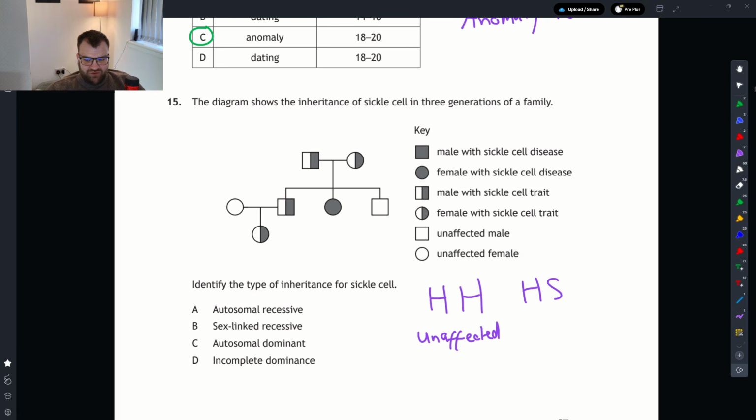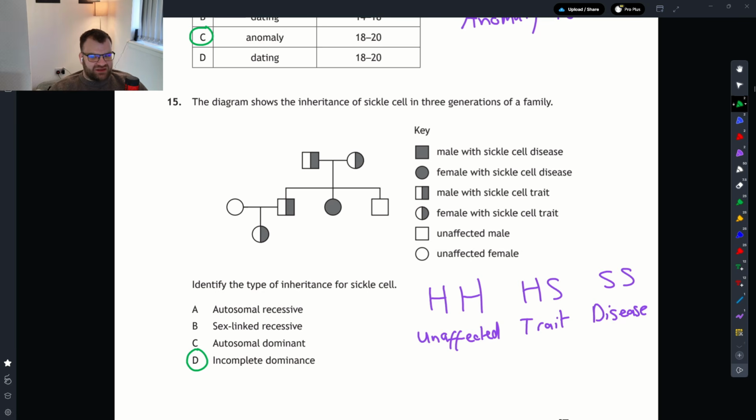If they have 1 healthy and 1 mutated one, they will have the trait, which affects them less than the full disease would, which would be done if they've got 2 of the sickle cell alleles. With those ones, when you've got 3 of them, that's described as being incomplete dominance. So instead of it just being someone has it or doesn't have it, they can have a mild version of it, or have the full-blown disease in this case, making that one there.